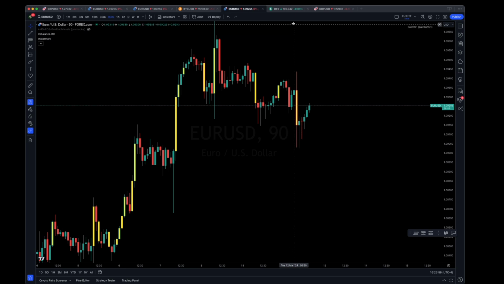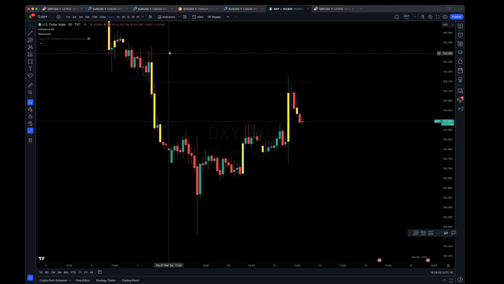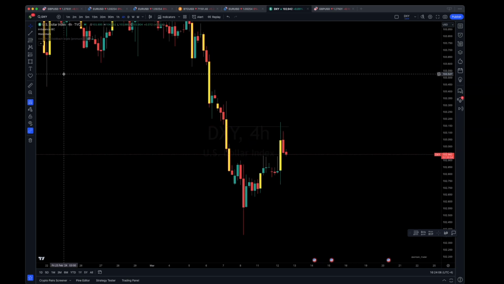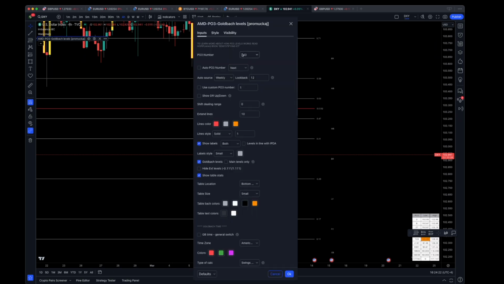Now, just to give you guys a heads up and some assistance with your trading, I'll give you the bias for the DXY. If we move to the 4-hour time frame and open up my favorite indicator, my new favorite indicator, AMD Power of 3 Goldbach levels by Pro Muck AJ. What I've got it set to right now is the 243.